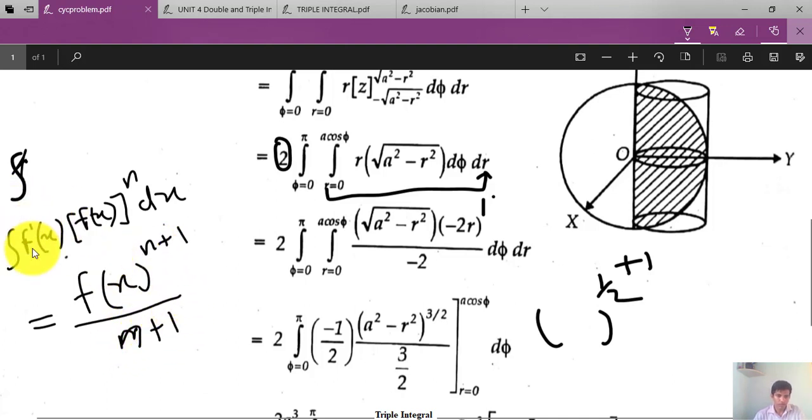Please write this formula. This is f dash of x, f of x power n dx, which will always give you f of x power n plus 1 over n plus 1.